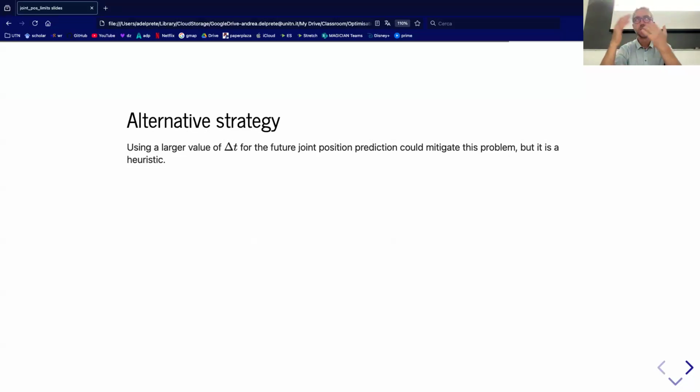So you're kind of increasing your prediction window. For instance, we could give it a try using a time step which is 10 times larger. So instead of predicting in 10 milliseconds where we're going to be, we can predict in 100 milliseconds where we're going to be.